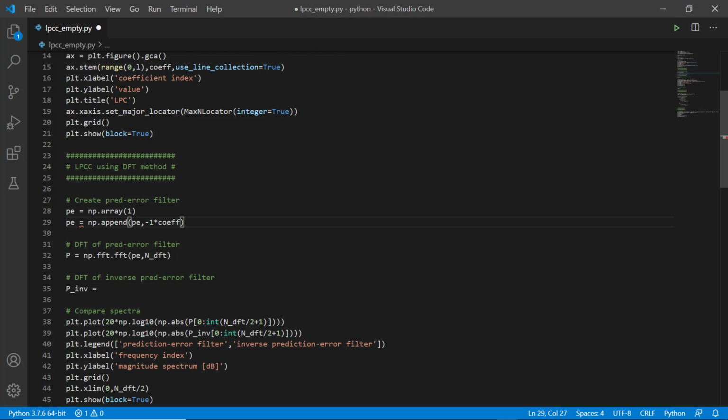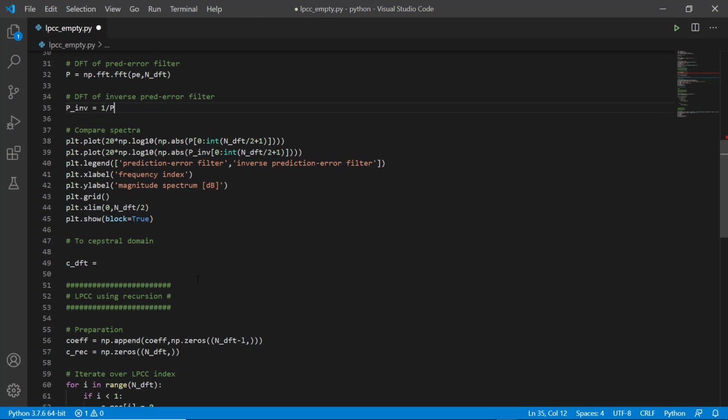We've already got the DFT of our prediction error filter, and to get the inverse prediction error filter in the DFT domain, we can just say it's 1 divided by P. And then if we want to go to the cepstral domain, we first have to take the logarithm of the inverse prediction error filter in the frequency domain.